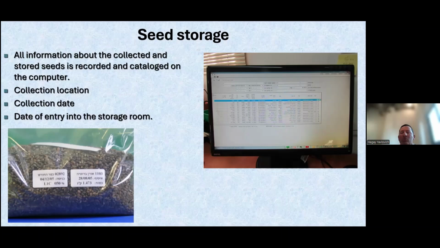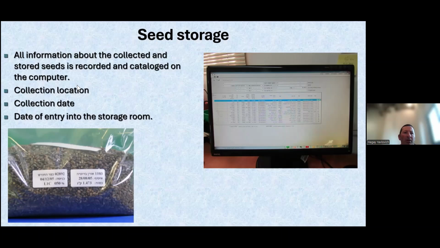The same as we have in the phone about the collections. We have it the same in the computer, but in the computer we put also what exactly we had in the final process, how many seeds, what the weight, and how many seeds in 100 gram, and so on.